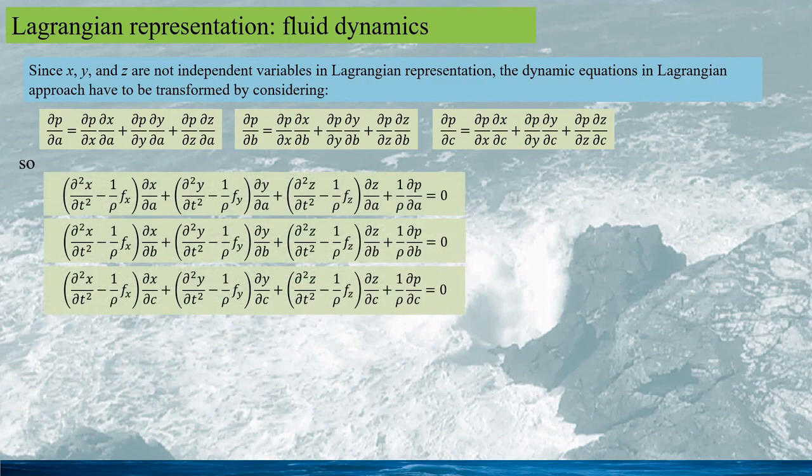After some mathematical deductions, we can obtain the fluid dynamic equations in Lagrangian approach. So you can see the fluid dynamic equation in the Lagrangian approach is much more complicated than that in Eulerian approach.